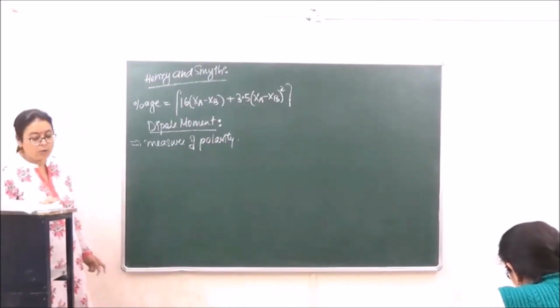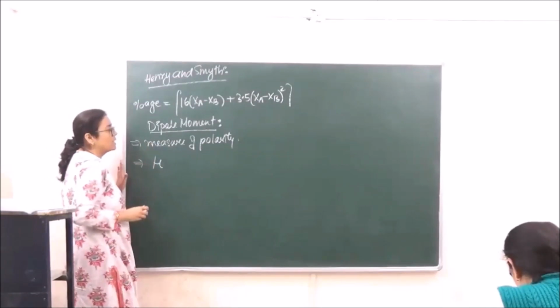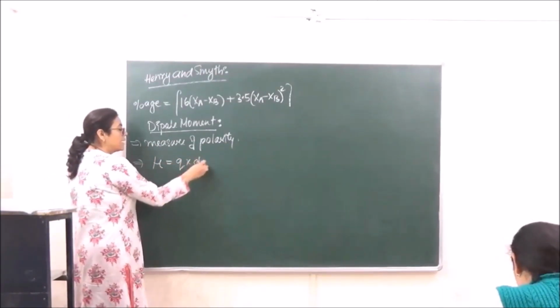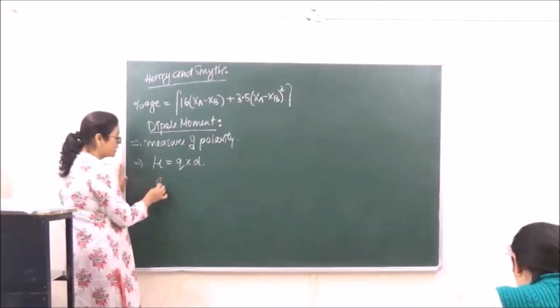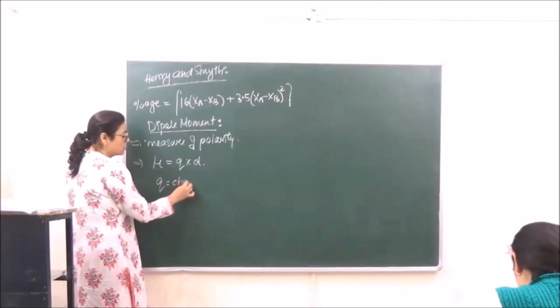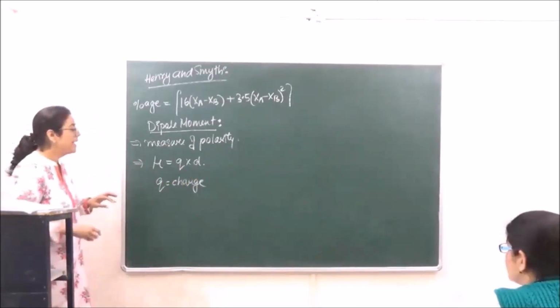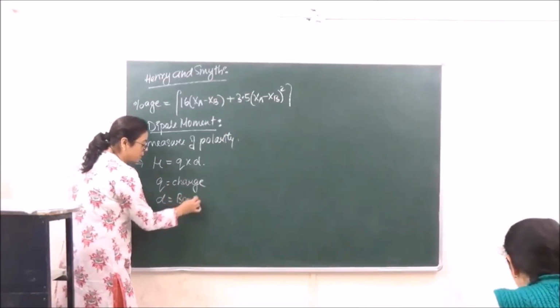Now how do we calculate the dipole moment? Mathematically, dipole moment is given as Q into D, where Q is equal to the charge on the molecule, okay? And D is equal to the bond length.